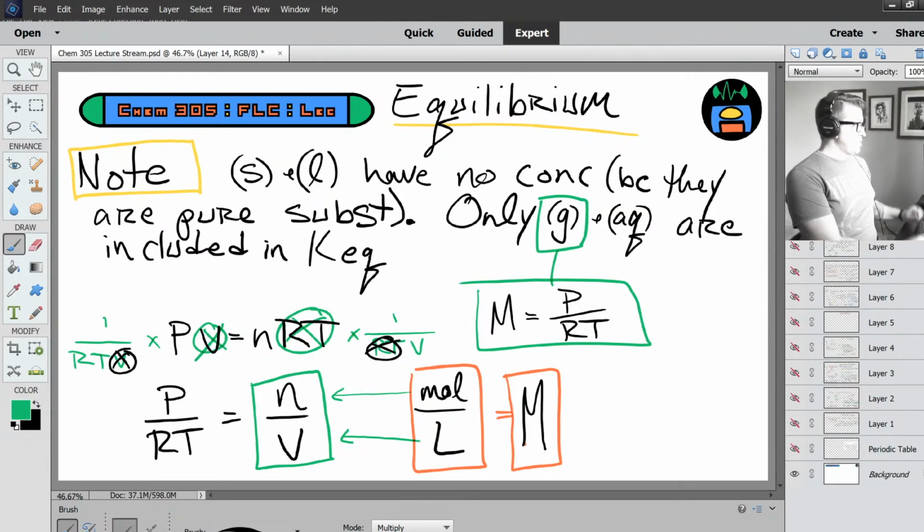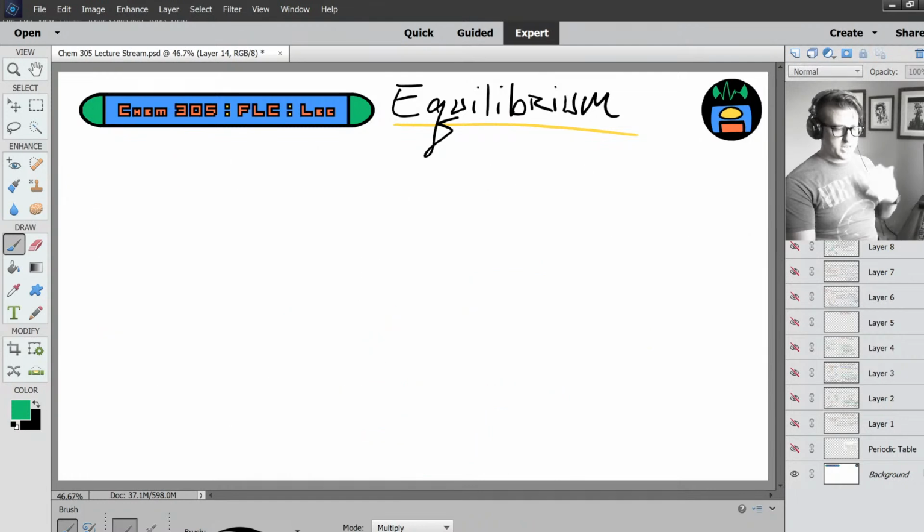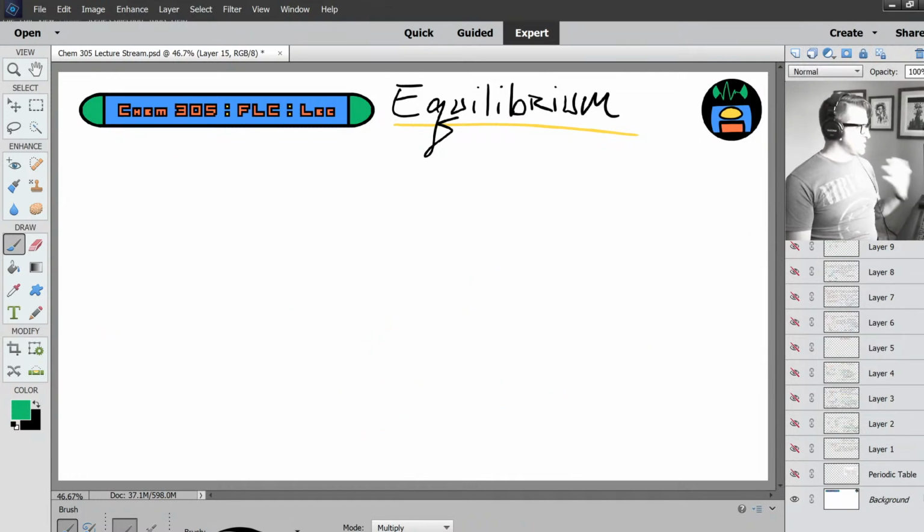All right? So we've done a lot of talking, a lot of going over, in an abstract sense, what is chemical equilibrium, what is the equilibrium constant. Let's start doing a few concrete examples.